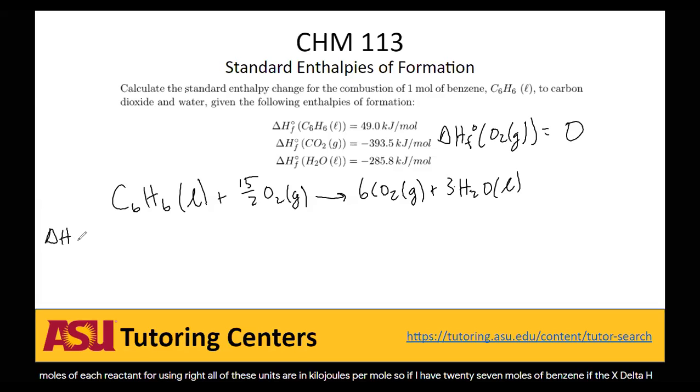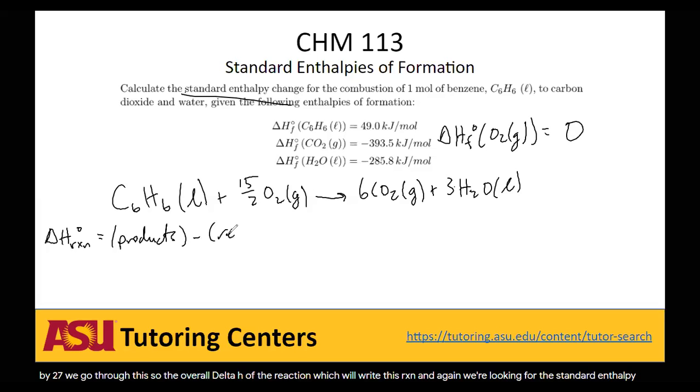So the overall delta H of the reaction, which we'll write as Rxn, and again, we're looking for the standard enthalpy change, so we need to put that little circle above it. As mentioned before, it's products minus reactants. And when I say products minus reactants, I mean the heats of formation of products minus the heats of formation of reactants. So let's look at my products.